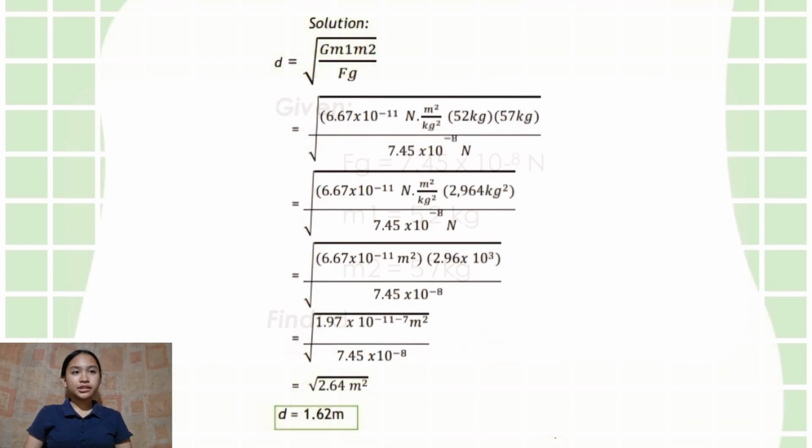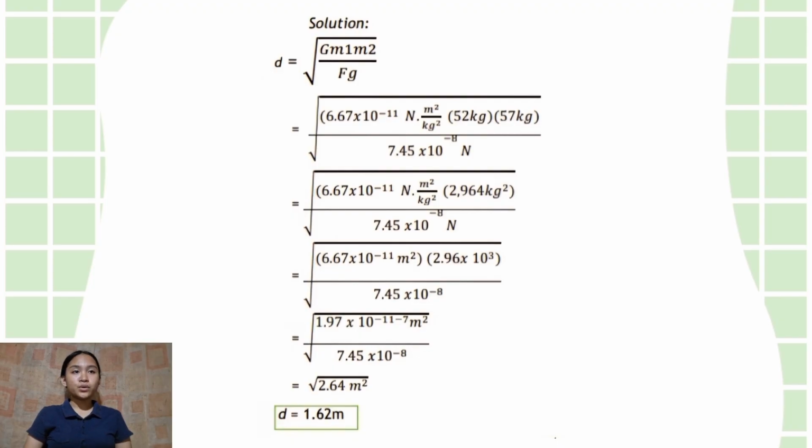So the solution in finding the distance is d equals the square root of G times m sub 1 times m sub 2 over F sub g. So we will substitute the given in the solution. So the G is 6.67 times 10 raised to negative 11 Newton times meter squared per kilogram squared.